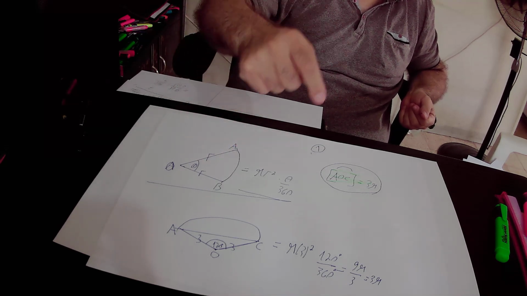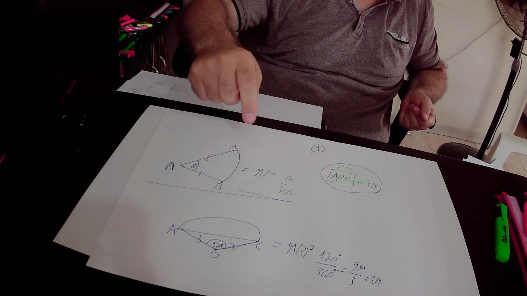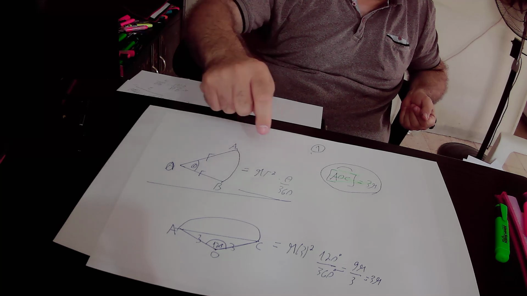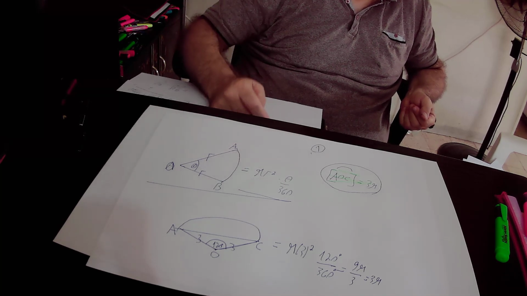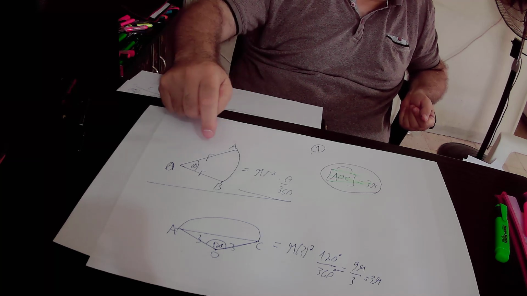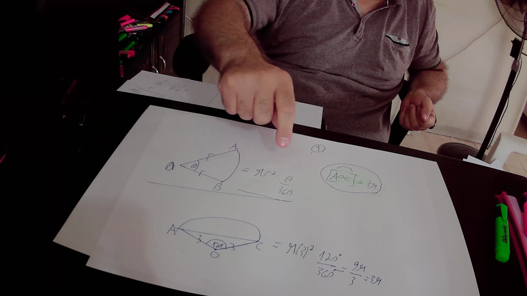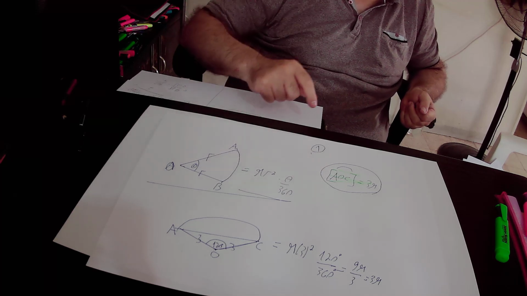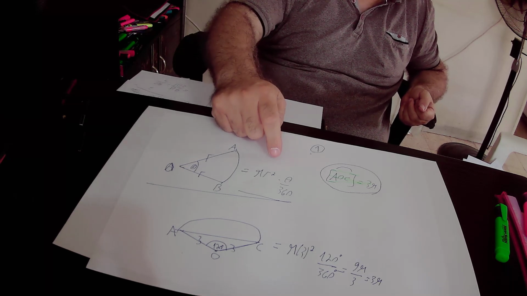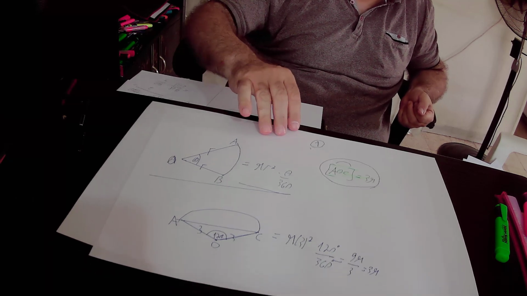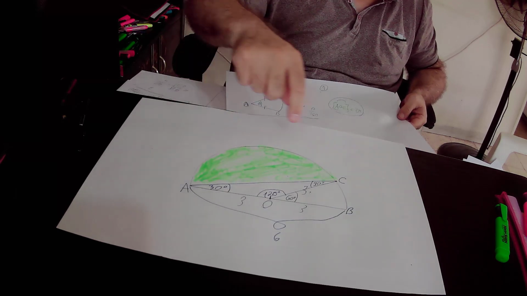So if we multiply this percentage by the area of the entire circle, we get exactly the area of the sector. So the area of any sector is equal to pi r squared, that is the area of the circle, times theta over 360 degrees.